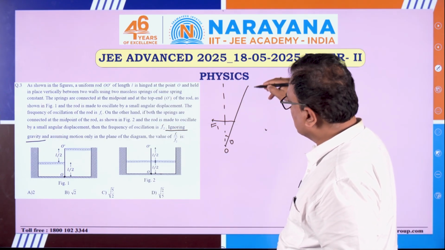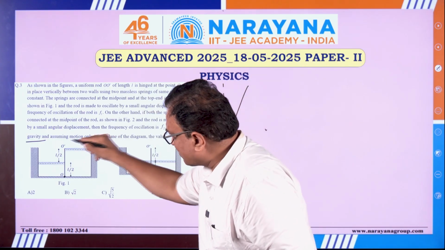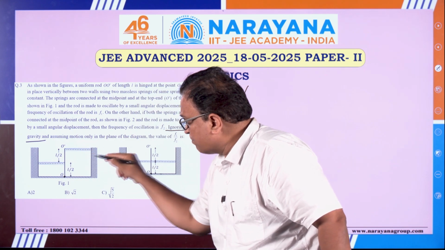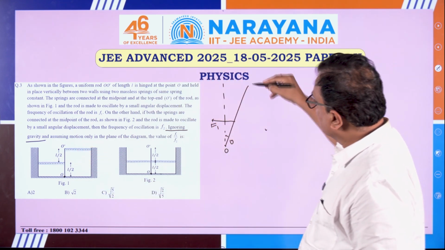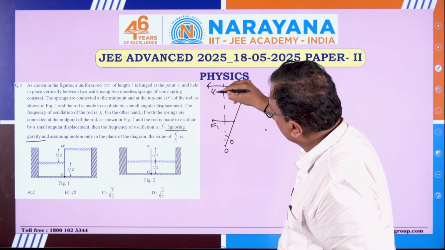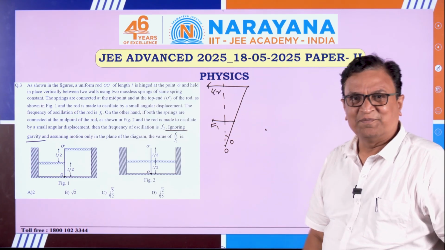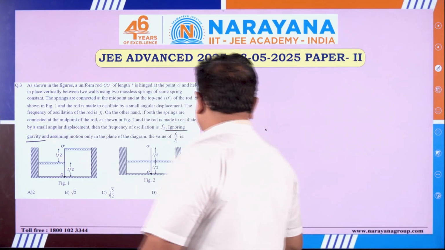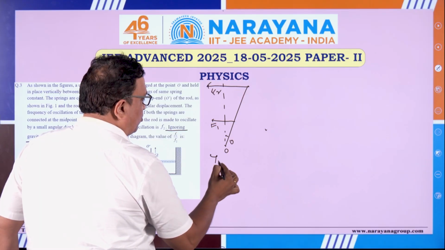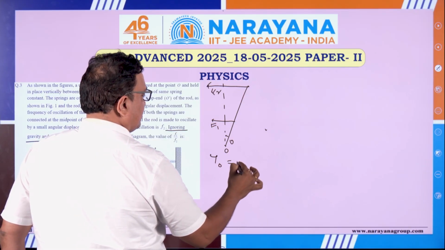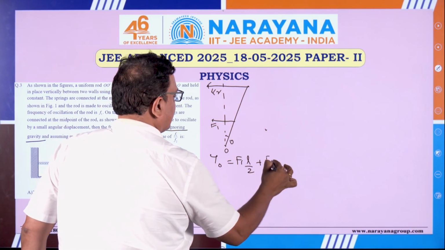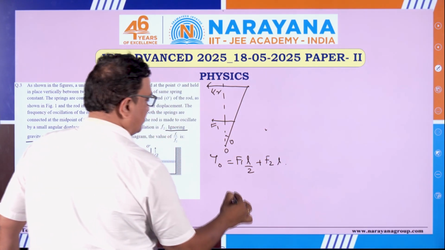Here also, this portion of the spring gets compressed. Remember, this is elongated and this is compressed. So therefore, this will also experience a force F2, basically. So, about O, torques. So net torque about O is F1 L by 2 plus F2 L.